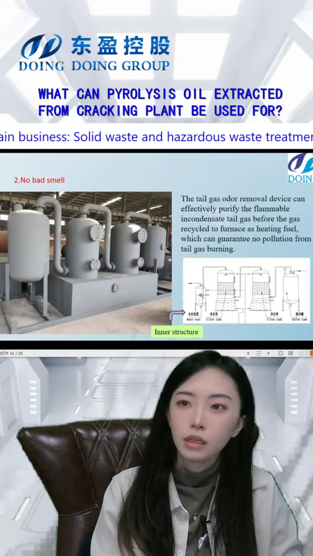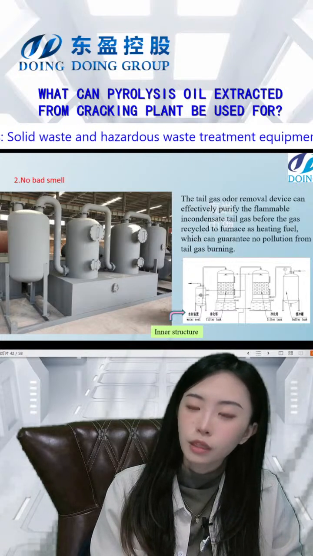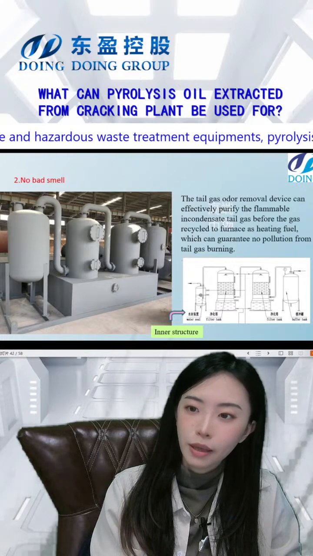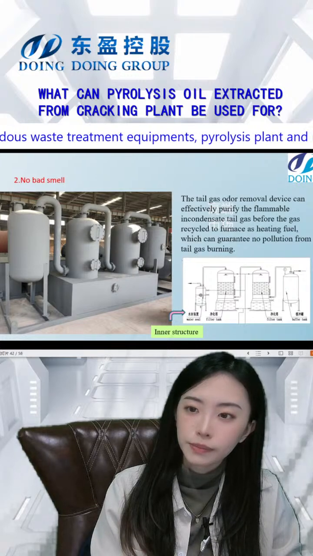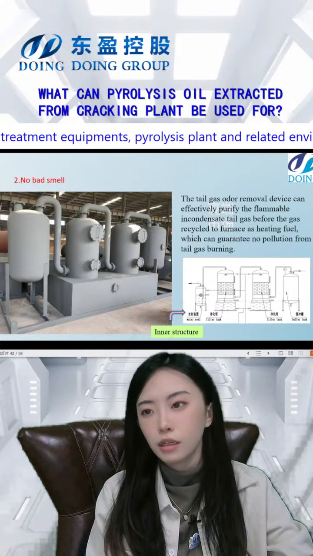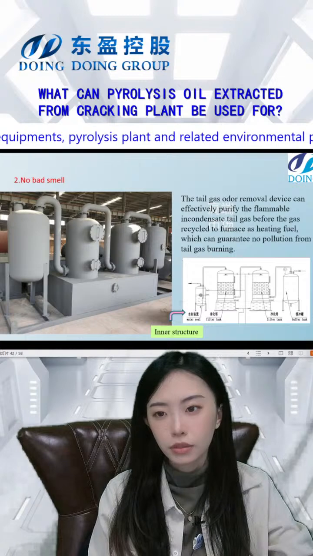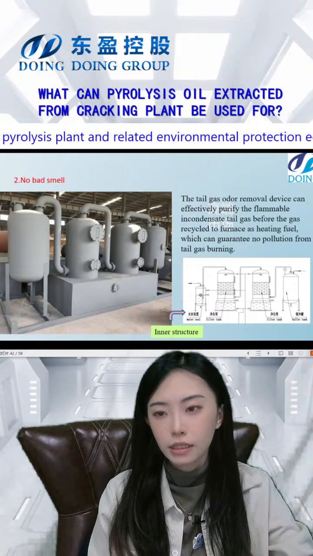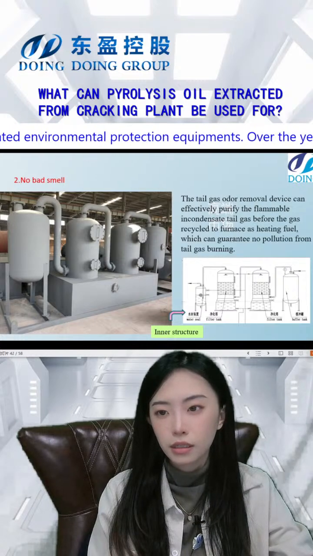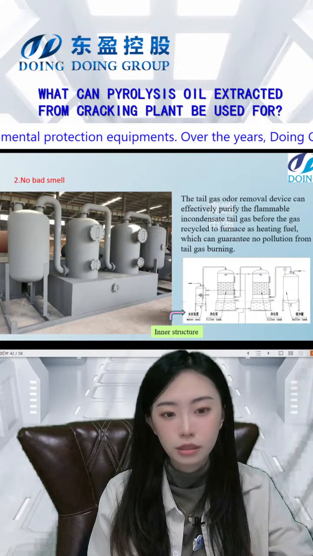This is the odor removal system. How can we ensure there is no bad smell by using this? You can see the first one is a buffer tank to slow down the speed, and this is the filtering tank to purify things like sulfur dioxide.